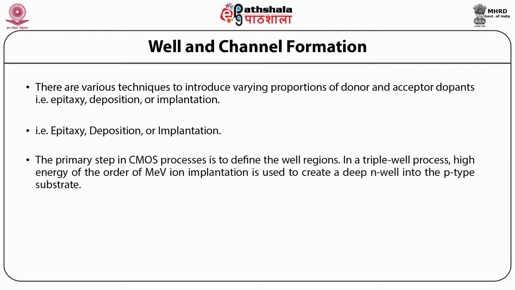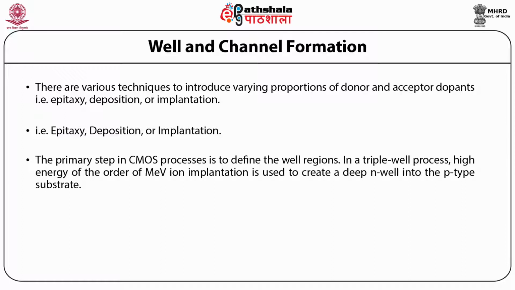Now the primary step in the CMOS process is to define the well regions. In a triple well process, high energy, of the order of mega electron volts, ion implantation is used to create a deep N well in the p-type substrate.